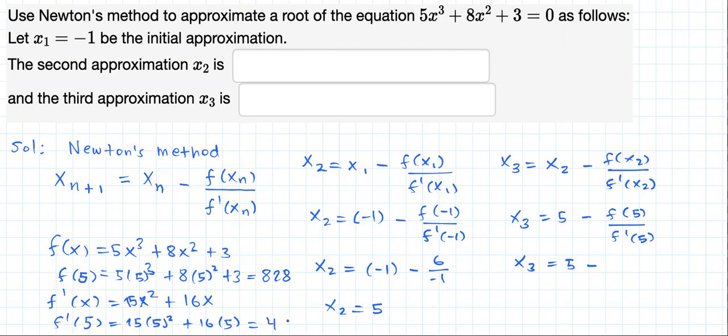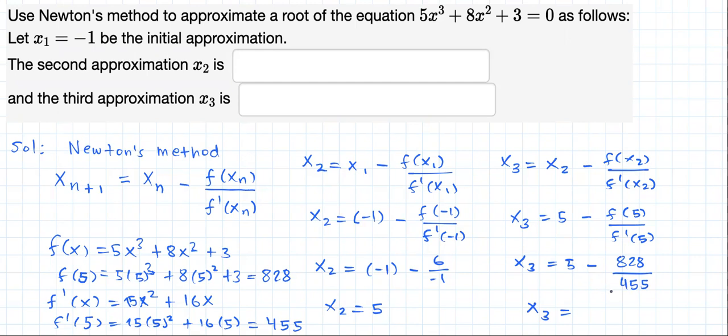You can check this using your calculator. So on the numerator 828, on the denominator 455, right? So x3 should be equal to 5 minus 828 divided by 455.